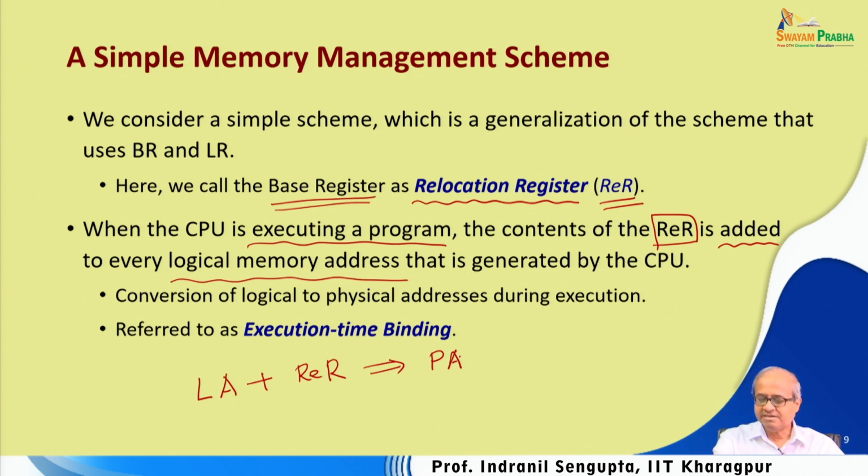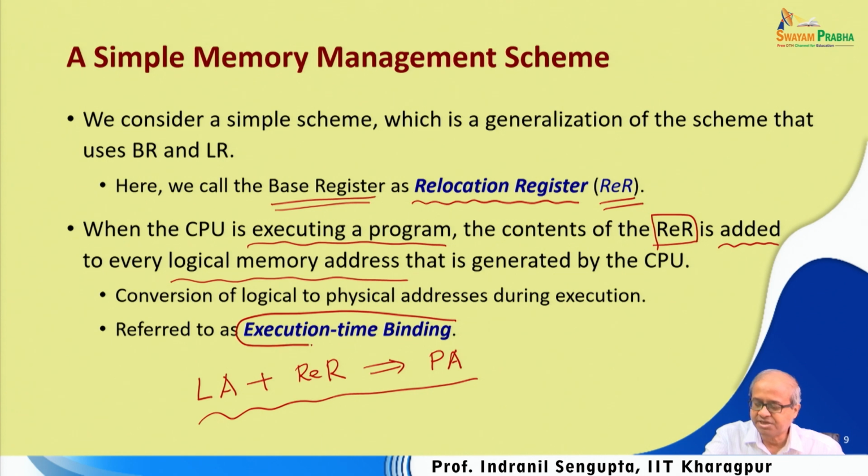This translation, adding the content of the relocation register to get the physical address, is done dynamically during execution. This is also referred to as execution time binding. Binding means you are binding a logical address with a physical address.